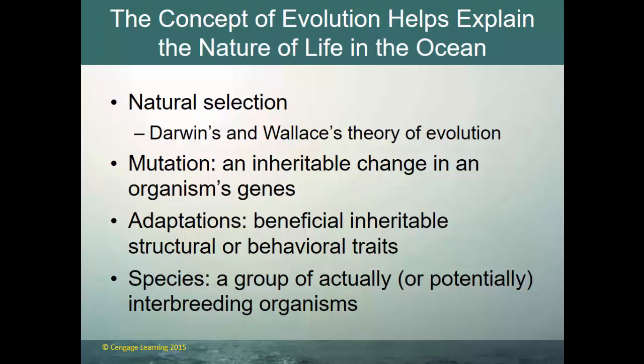Again, these are behavioral or structural traits, the structure of a creature, the behavior of a creature, that are beneficial. These become inheritable. They can be passed down from one generation to the other, and those are adaptations. And a species is a group of actually or potentially interbreeding organisms, meaning if two animals cannot interbreed, they are not of the same species.